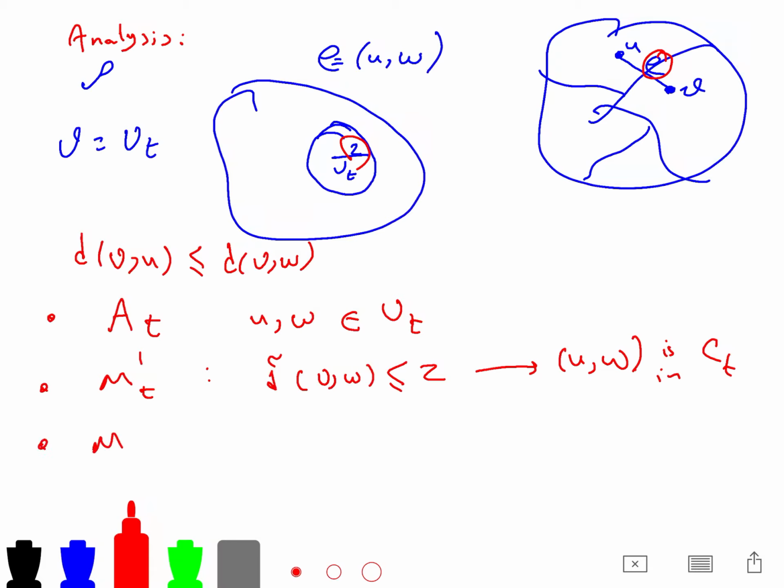We have another event, MTX, which is the event that D tilde of V of U is less than D tilde of V of W, and the U is included in that cluster, but the W is not. And therefore, the edge U of W will be excluded from any cluster in the partition.